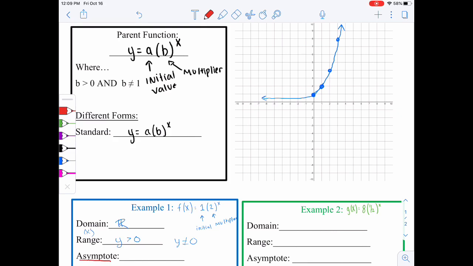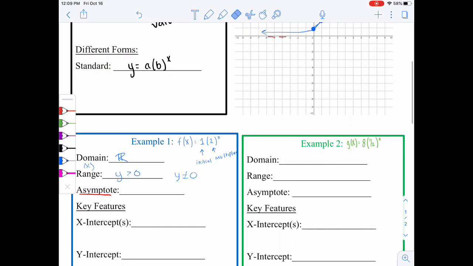An asymptote is a line I approach but never, ever, ever touch. So in this case, my exponential function will get really, really close to 0, but will never actually touch it. That's why it's the asymptote. So we'll say we have an asymptote at y equals 0.